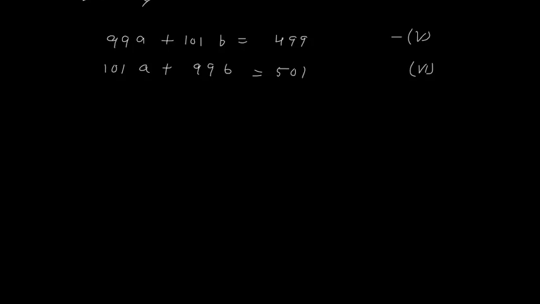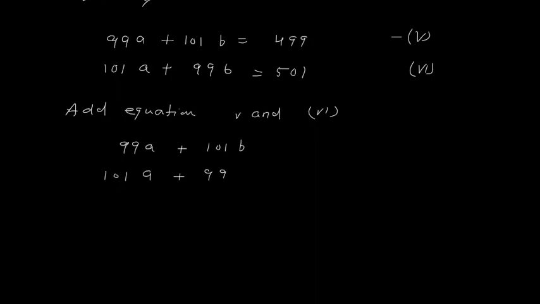So first we will add. So add equation 5 and 6. So here 99a plus 101b. Here it is 101a plus 99b. The value is 499 here.